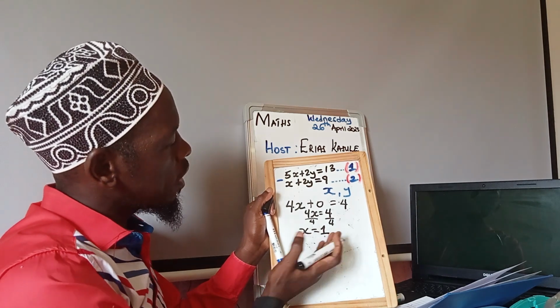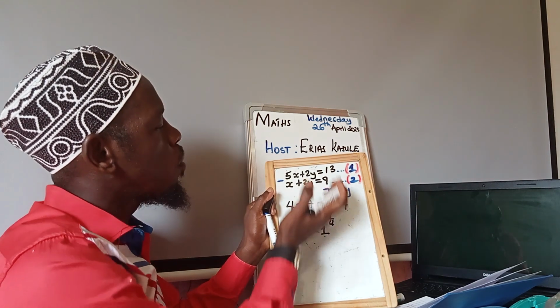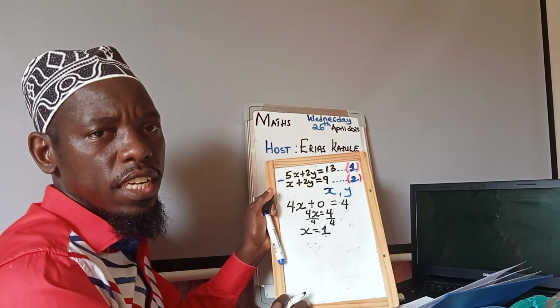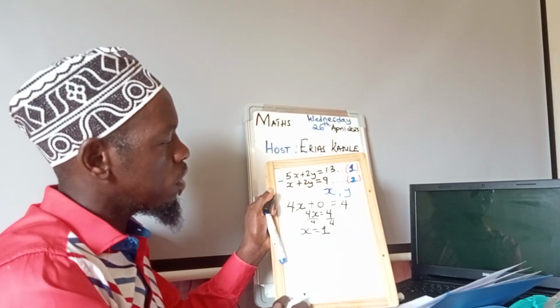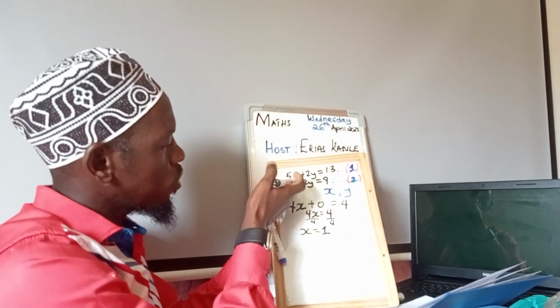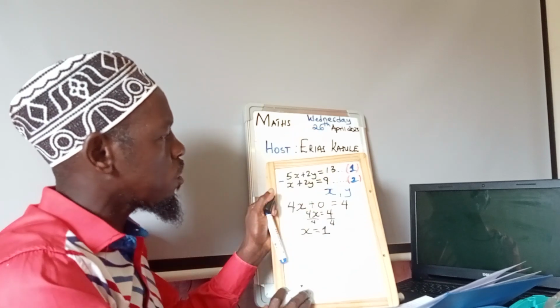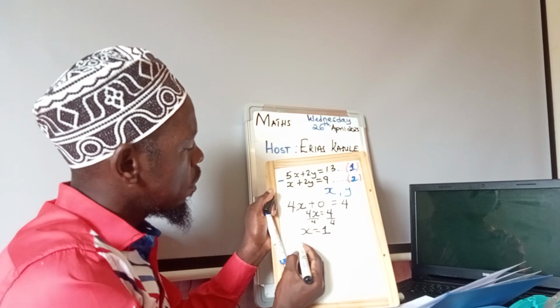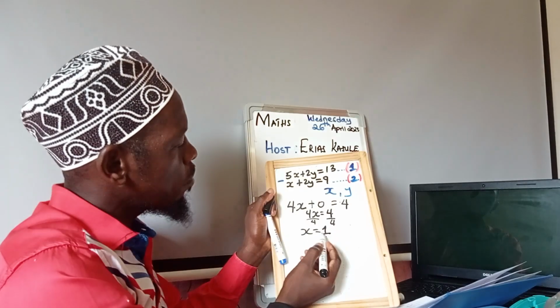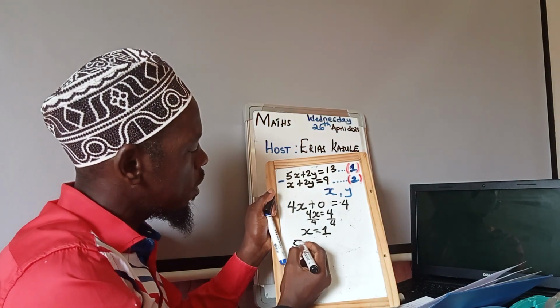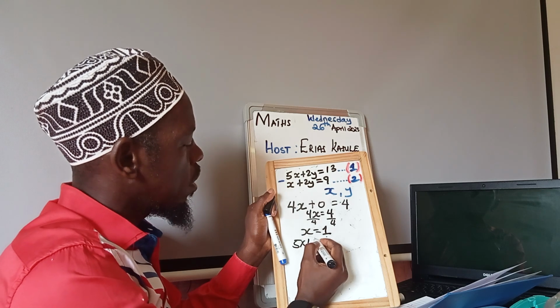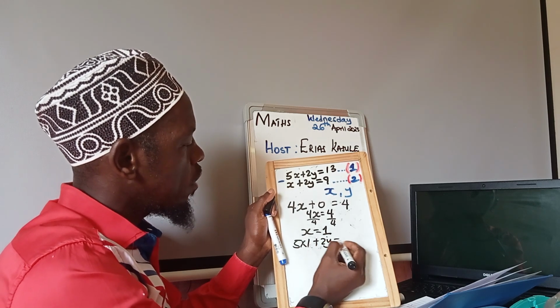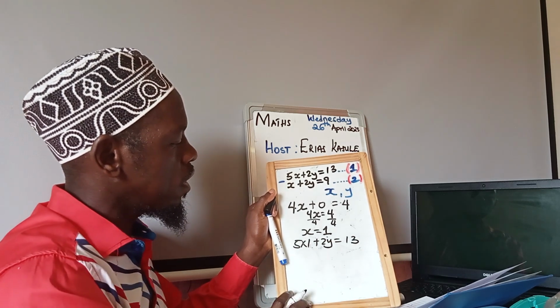So after we've got x as 1, then you go back and substitute that x as 1 in one of the equations. So you can choose equation 1, you can choose equation 2, it's up to you. So if I choose equation 1, so 5 times x, so that will be 5 times 1 plus 2y will give us 13.